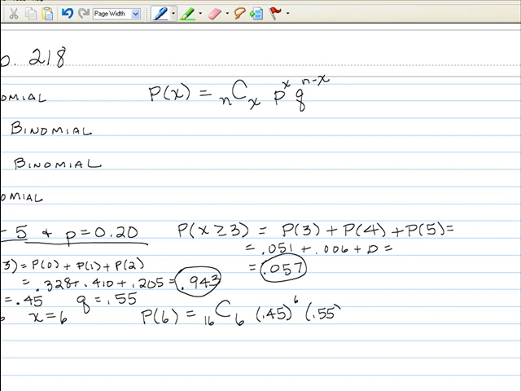So what I'm going to do is use the calculator to simplify it. Okay, so let's go to the calculator.